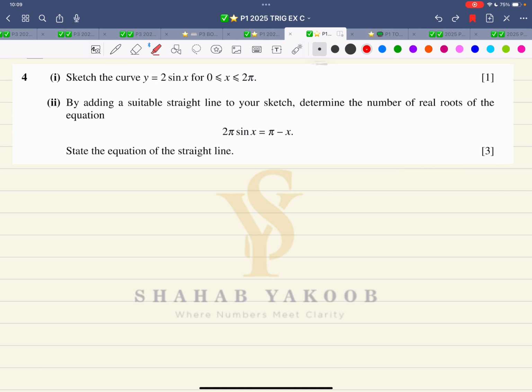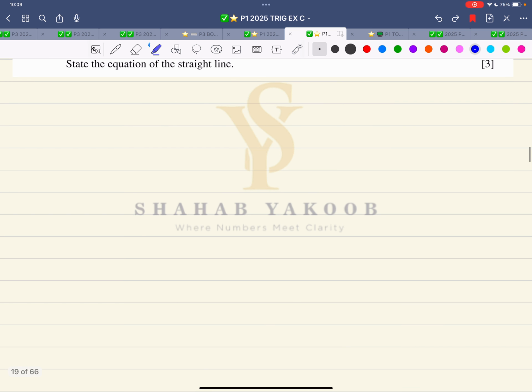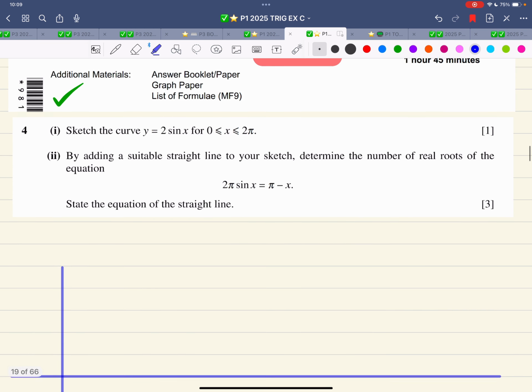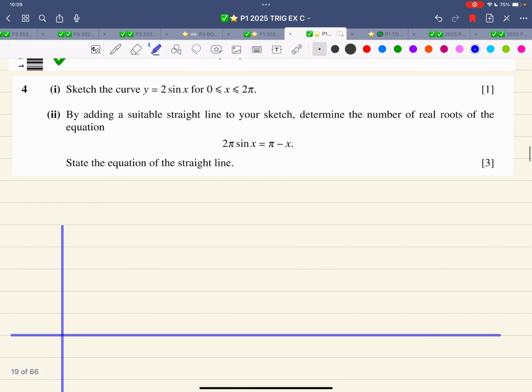So let me grab a highlighter over here and let me draw the x-axis and the y-axis. So that is the y-axis. And this one is the x-axis, and let me just push it down. And this is 2 sin x from 0 till 2 pi. What does that mean?